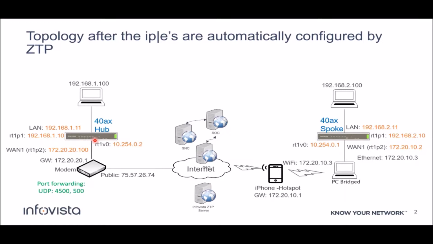You don't need any pre-configuration. They contact directly the zero touch provisioning server, and then the interactions with the SD-WAN network controller, the orchestrator, and the application intelligence service are done automatically.